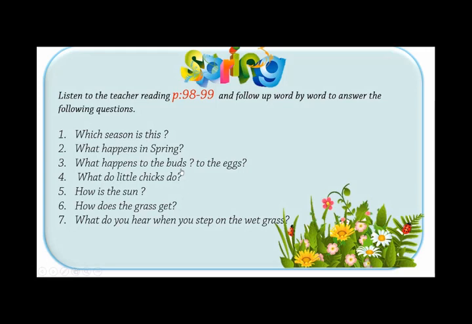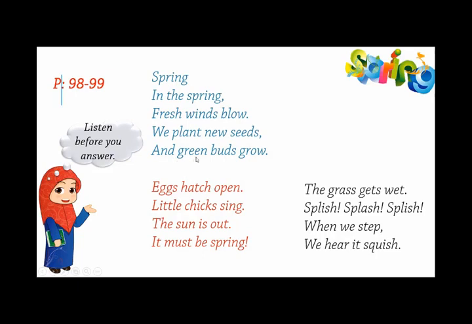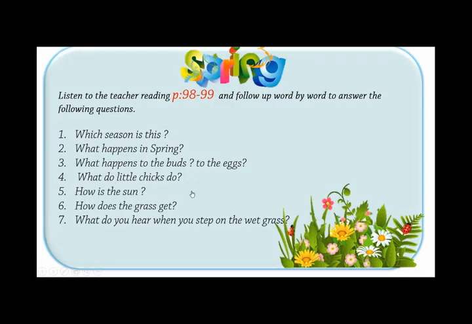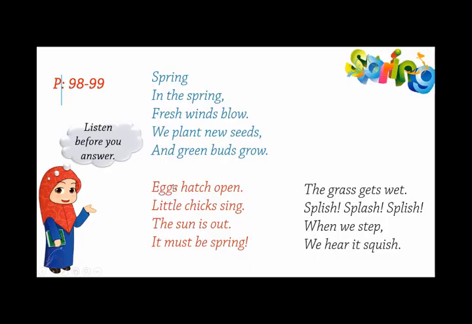3. What happens to the buds and to the eggs? Green buds grow and eggs hatch open. Very good. 4. What do little chicks do? And the answer is here. Little chicks sing.